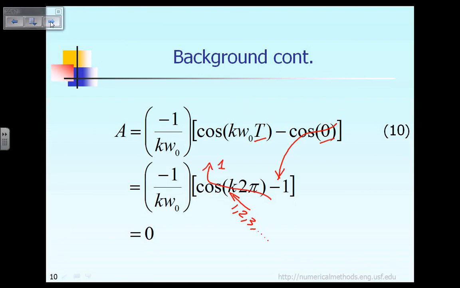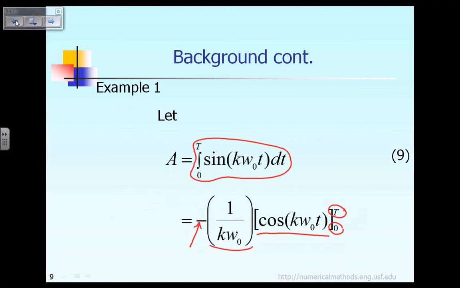Because of that, A is equal to 0. In other words, the integral of sine k omega naught t dt between 0 to T is equal to 0. This is the one that I stated earlier, and now I have proved it through example 1.